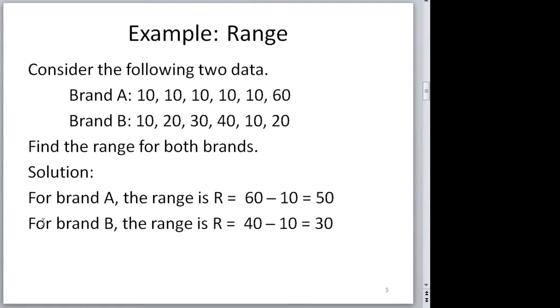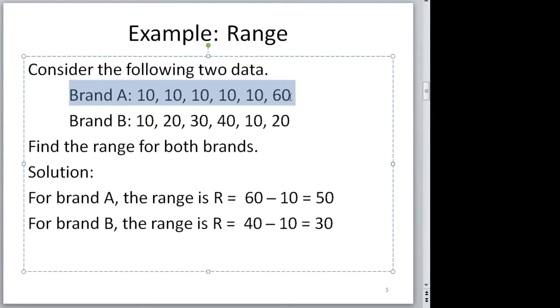But let's consider this next example. Again, we're trying to find the range, but as you can see, it may not be that obvious. If you consider data set A, brand A, you have 10, 10, 10, 10, 10, and 60. Except for this last value, the rest of the data points are highly concentrated.